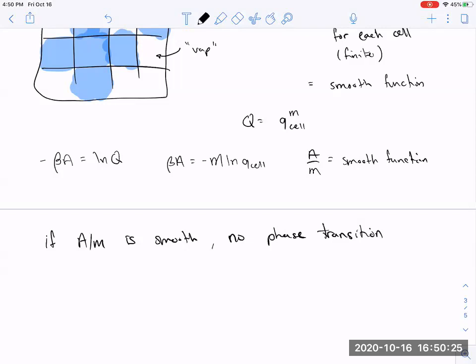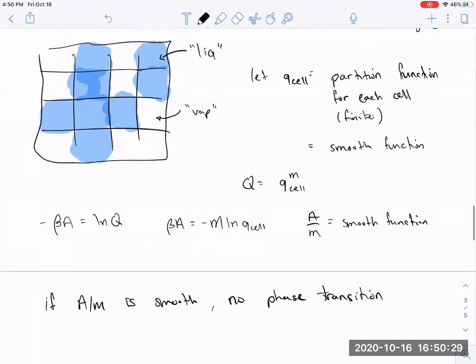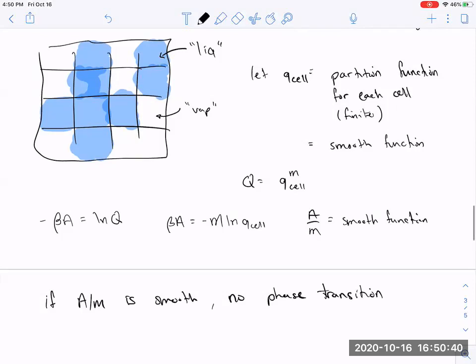That tells us immediately, actually, that this gridding up of space must be to blame. It must be the case that we cannot divide up space into uncorrelated regions.